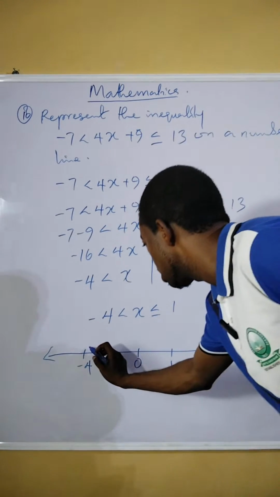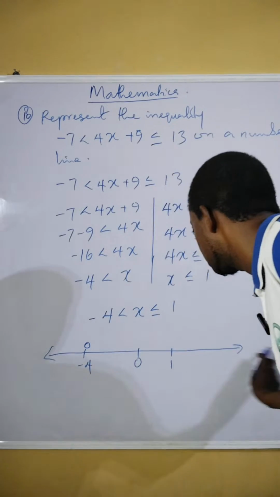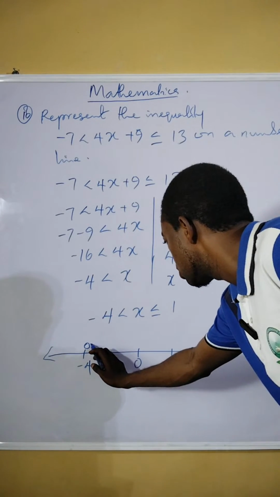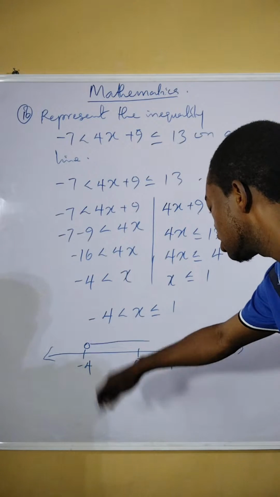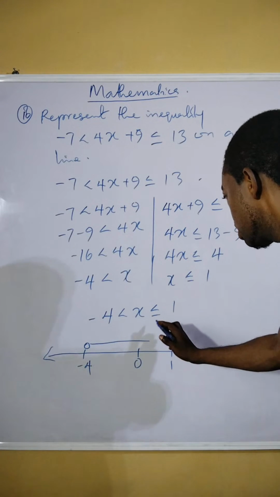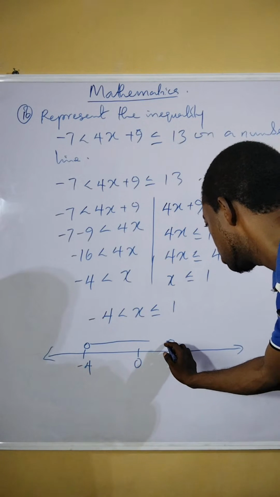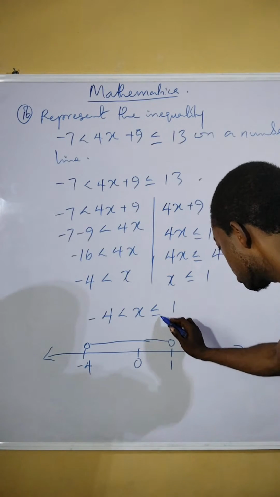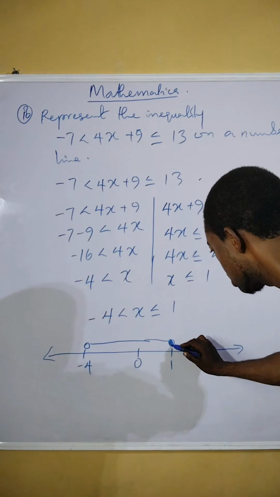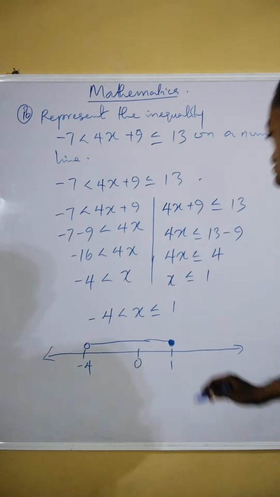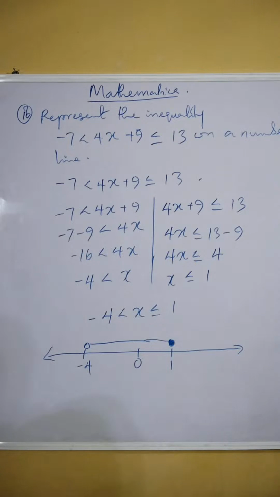That means x is greater than -4, so it's going towards this side. And x is less than or equal to 1, so it means this is going towards this side. But here, since it is equal to, we are going to shade this from here. So that is the number line to that.